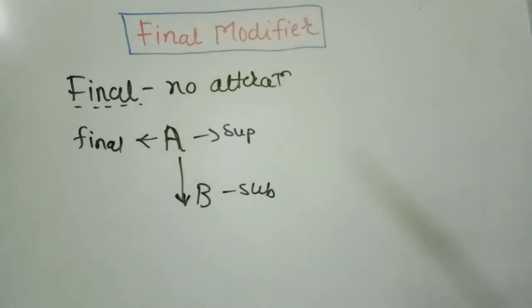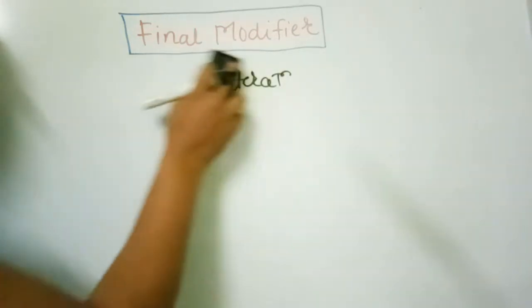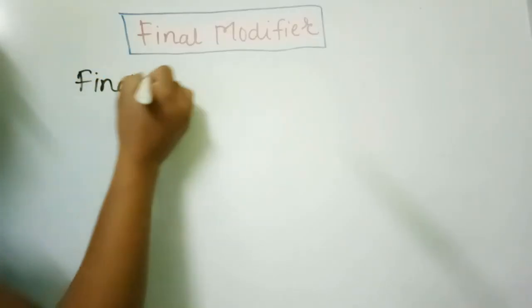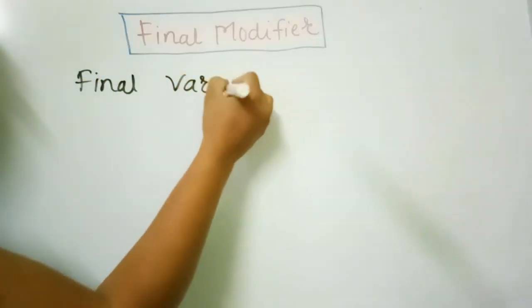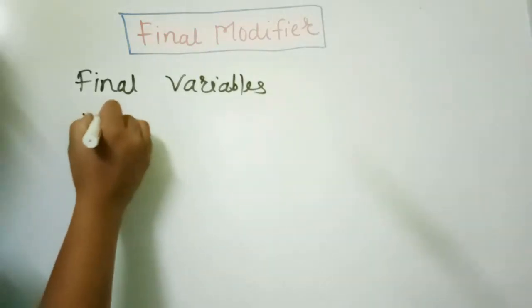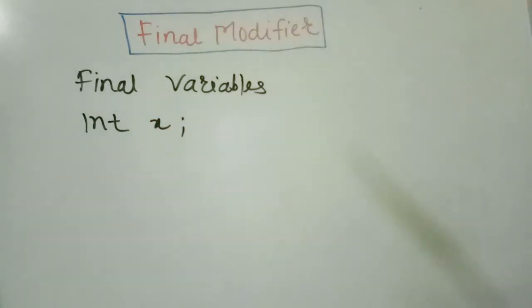Now see, first of all we will see how final can be applicable to the variables and methods. We will see which are the final variables. Variables of a class can be declared as final, indicating that the value of that particular variable cannot be changed. For example, you have declared integer type x as a variable.